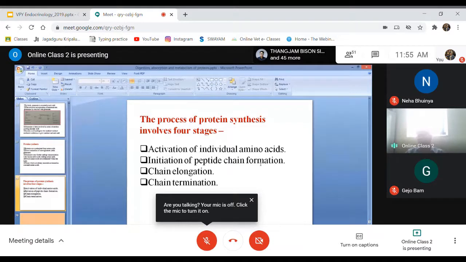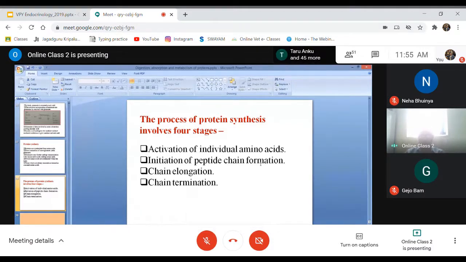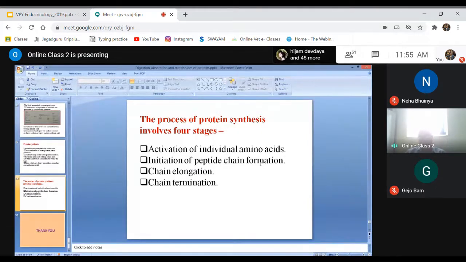But most of the protein digestion will occur in the jejunum part of the small intestine with the help of both pancreatic proteolytic enzymes as well as intestinal proteolytic enzymes. You just try to remember these things. If some proteins or polypeptides are left, those will be digested in the ileum part of the small intestine.